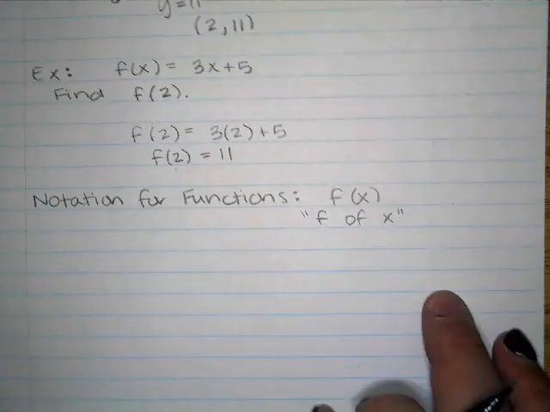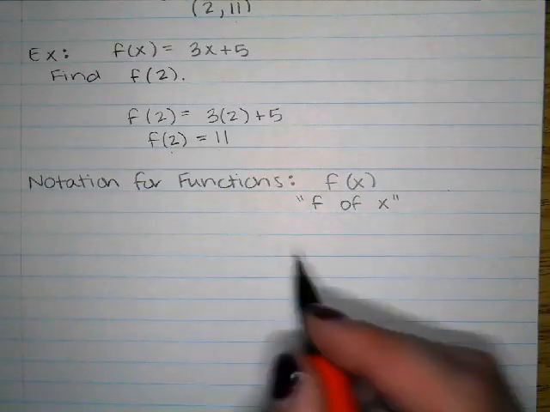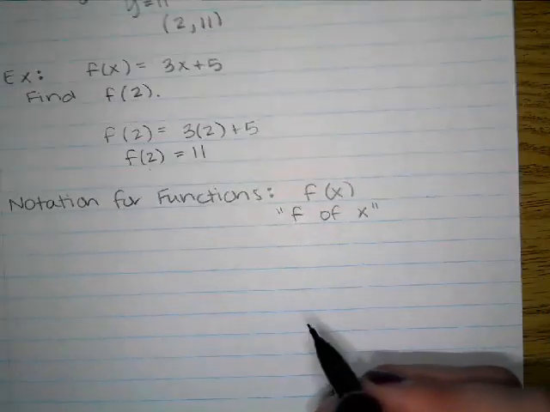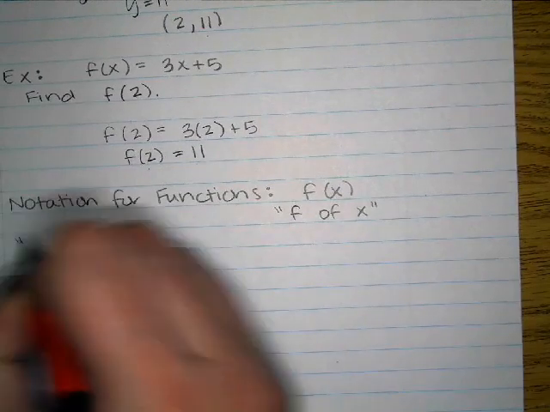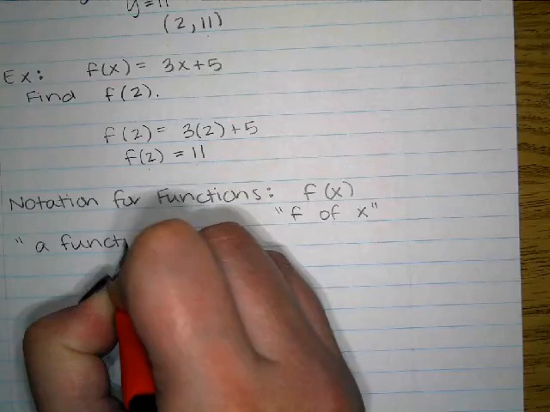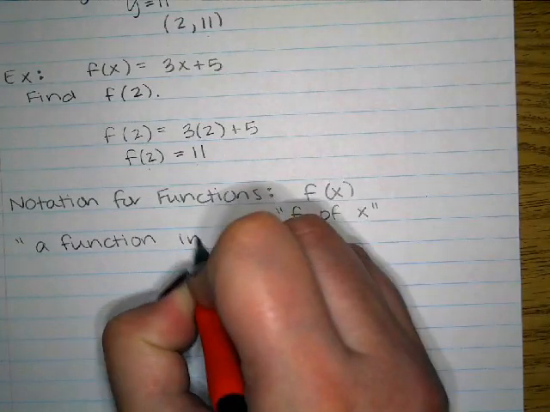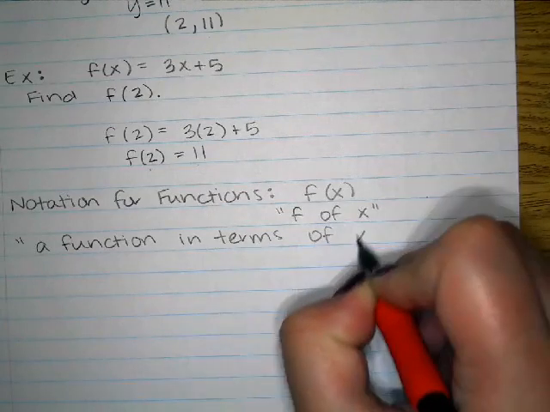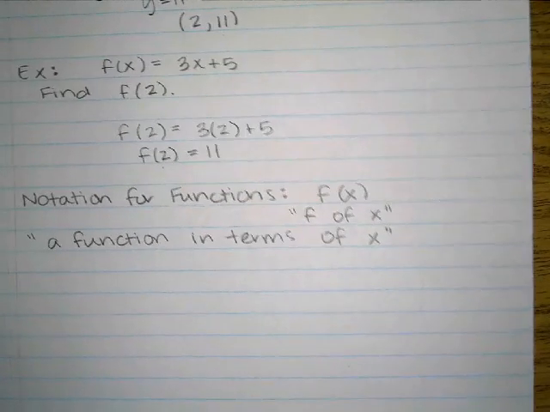If you want to get really fancy and say what it actually means, it means a function in terms of x. That's what the F is for, a function in terms of x.